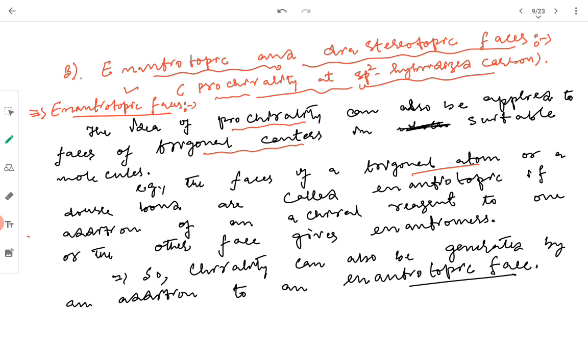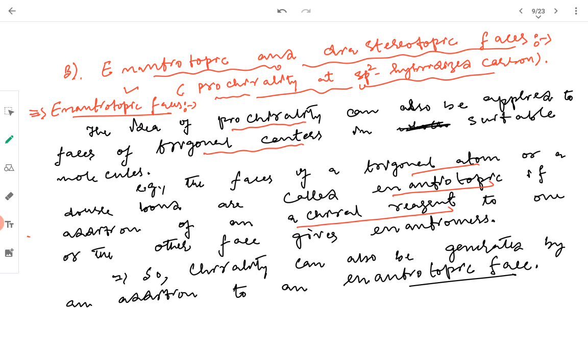The faces of a trigonal atom or a double bond are called enantiotopic if addition of an achiral reagent to one or the other phase gives enantiomers. So what are enantiotopic phases?